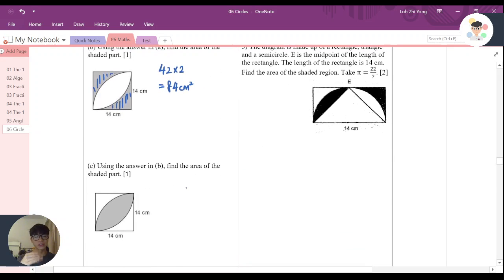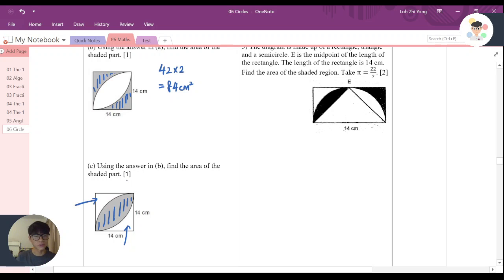Okay, let's continue to the C part. Using the answer in B, find the area of the shaded part. Interestingly, just now what we found is the white color region, which is the shaded part in the previous B. But now we are asked to look for the one in the middle. So basically it's a contrast.